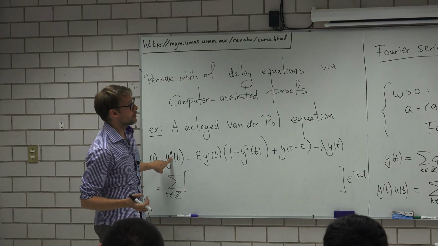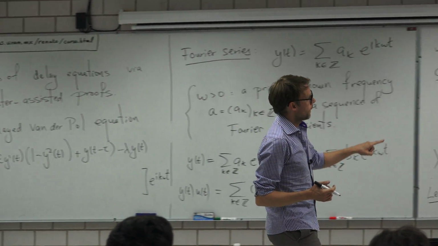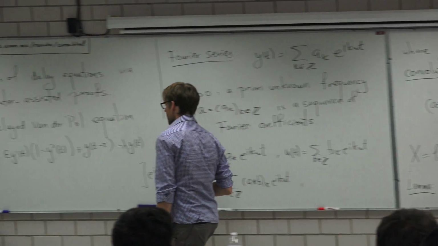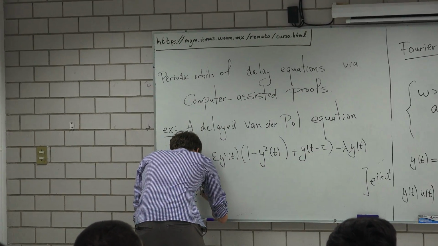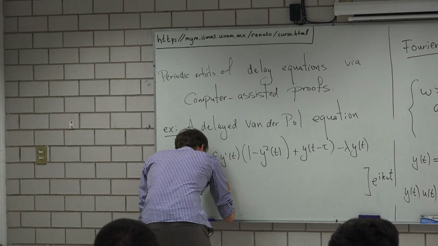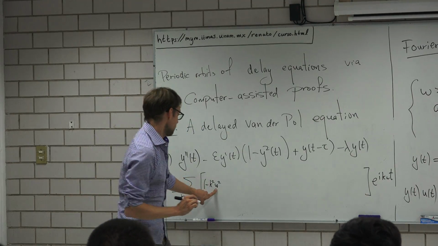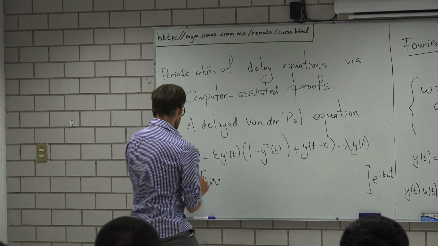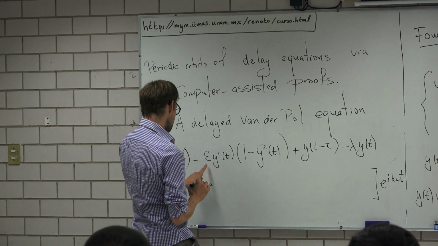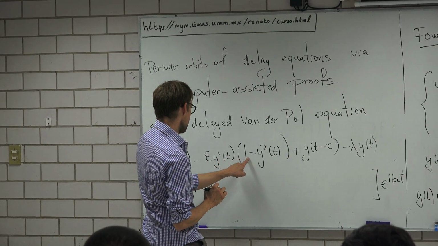Okay, so I have the second derivative, so I have minus k squared omega squared. And in fact, I'm going to collect everything that hits a_k. So that's this term here, so that's done. Now there's a minus epsilon prime times 1.